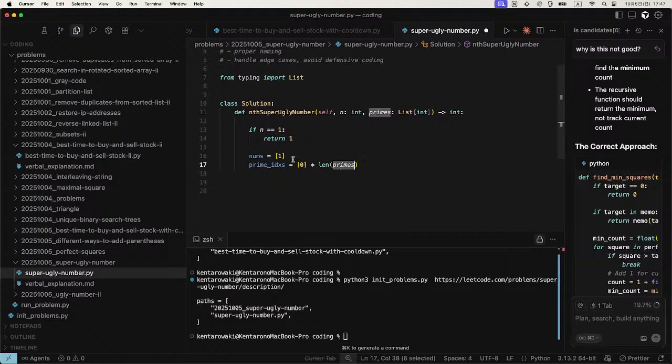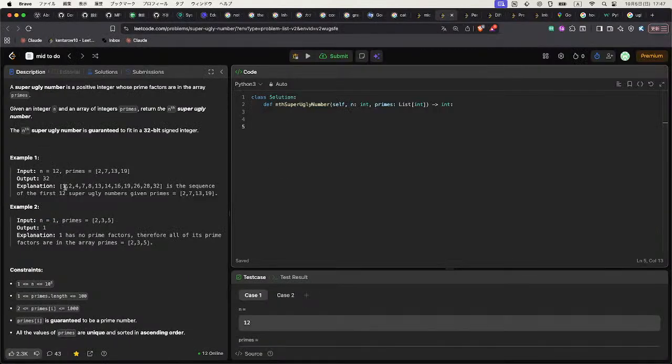Okay, so for example, we have 1 as a base case, and the primes 2, 7, 13, 19. We have 2 and 7 and 13, 19. Yeah, as default candidates, right?